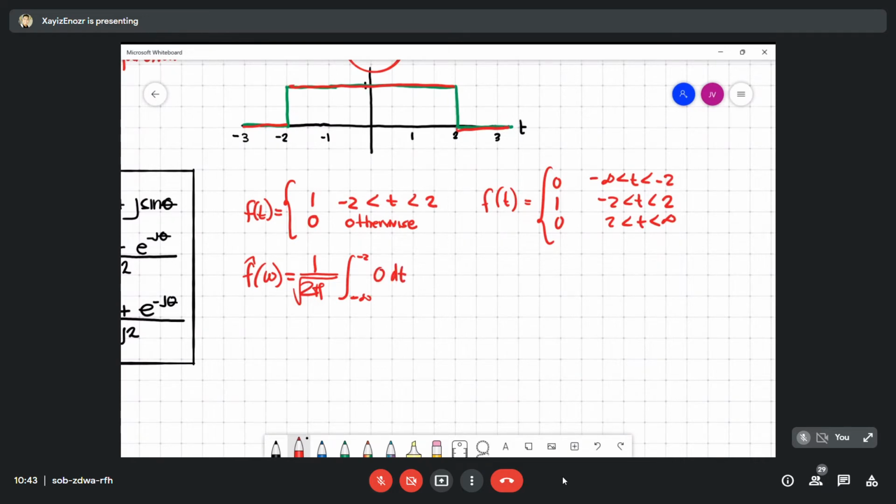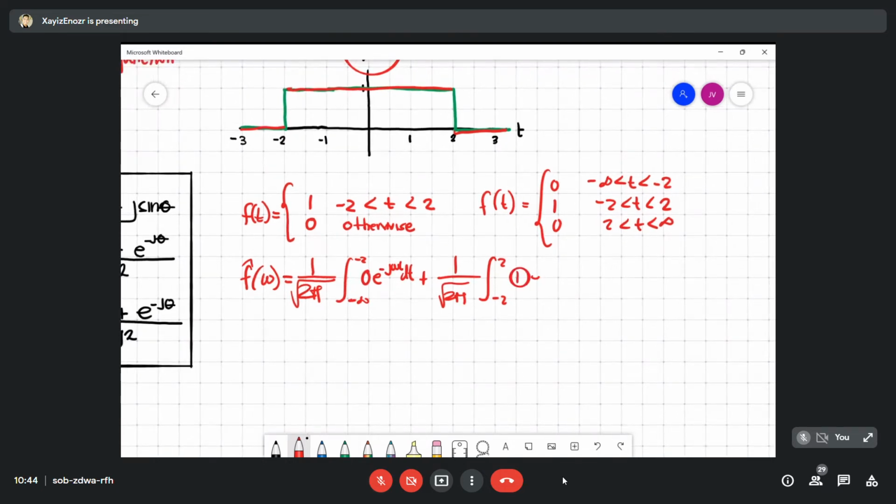Kasi ang f of t dito is 0, plus 1 over square root ng 2 pi from negative 2 to 2. Ay, sorry. Kulang dito. 0 times e negative j omega t dt. Next, we have 1 times e negative j omega t dt plus 1 over square root ng 2 pi from 2 to positive infinity 0 e negative j omega t dt.